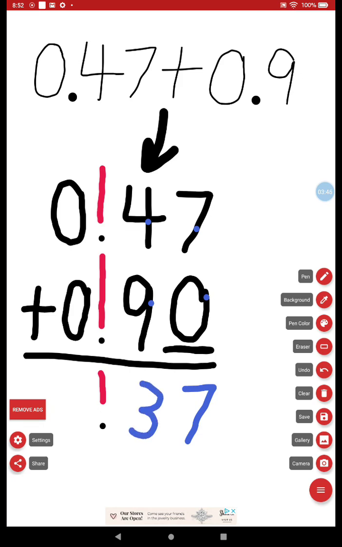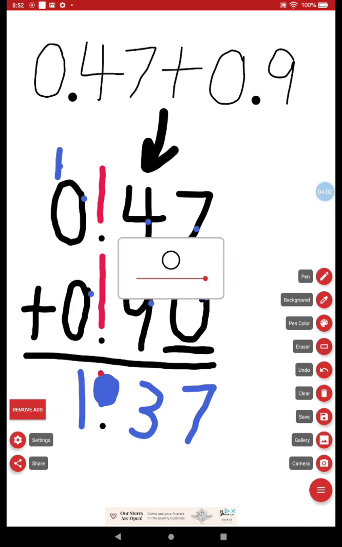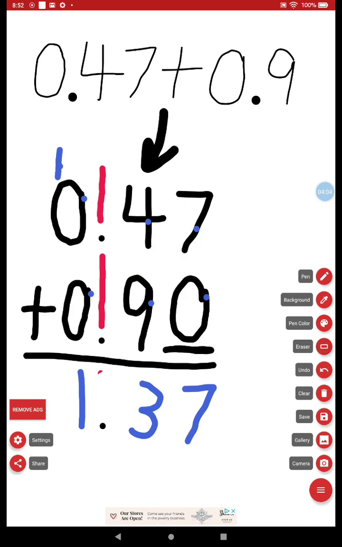Write the 3, carry the 1, just like we do on regular addition problems. 1 plus 0 is 1. All right, now don't get confused with this little red line here. I don't need him in my answer, okay? I'm going to go ahead and erase it. What do I get for an answer? 1 and 37 hundredths. Very good.